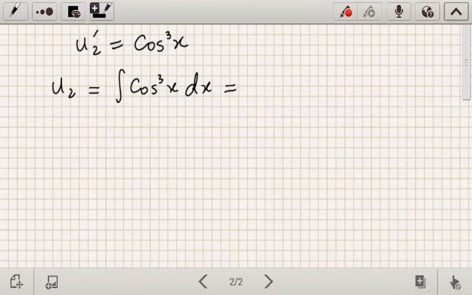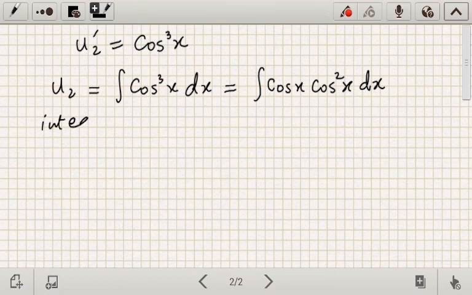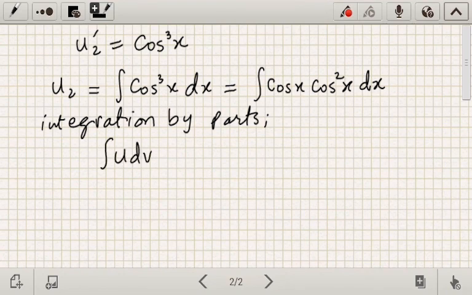So what we are going to do is use integration by parts, and in order to use integration by parts, we break cos cube x into two parts. The integration by parts formula goes something like this: integral u dv equals uv minus integral v du.